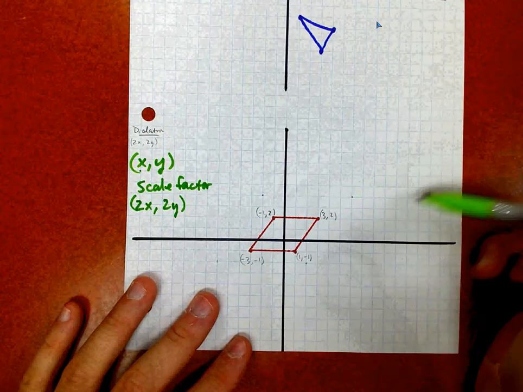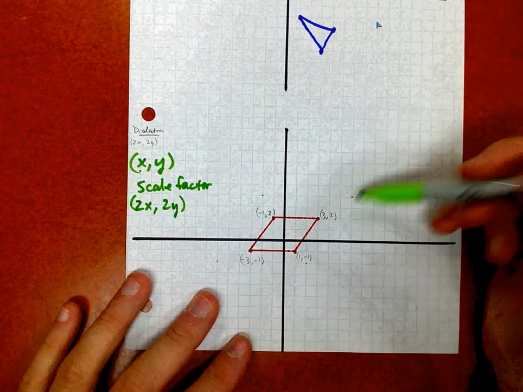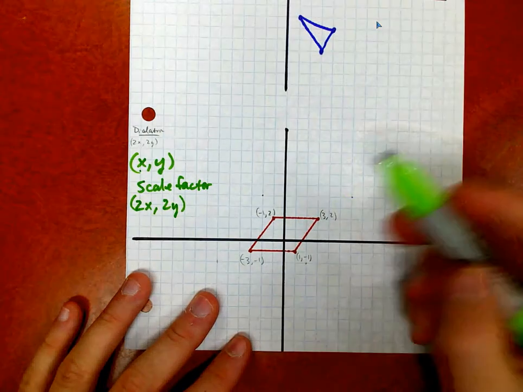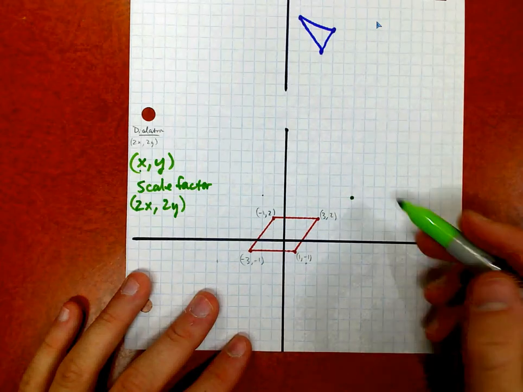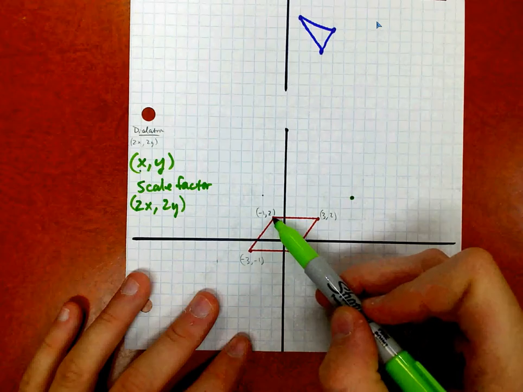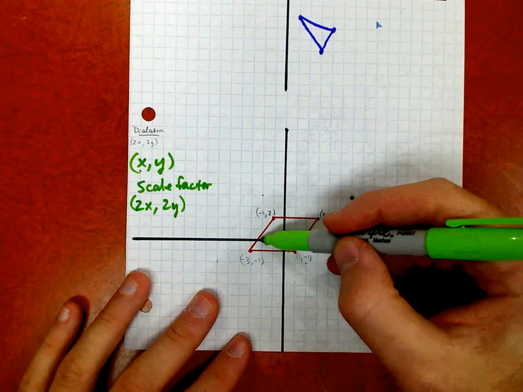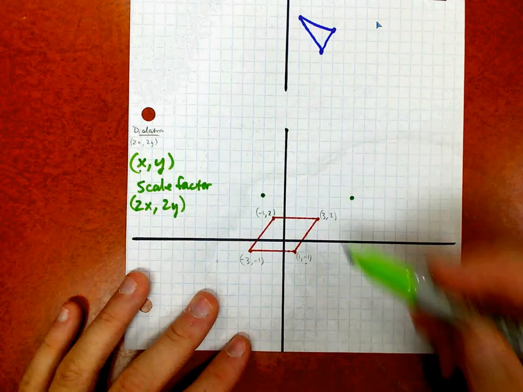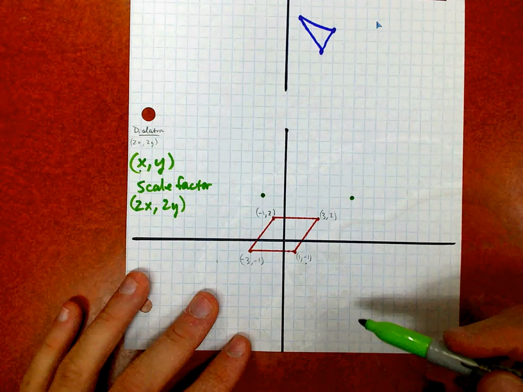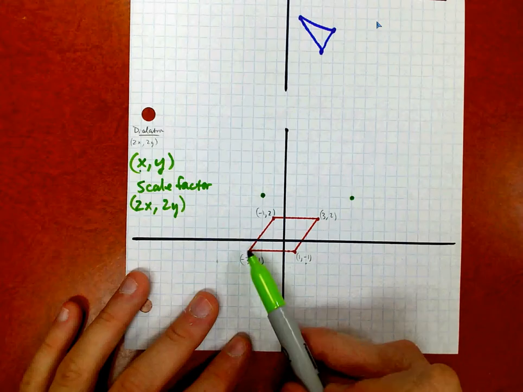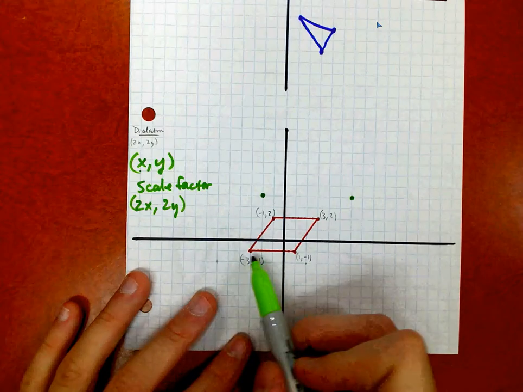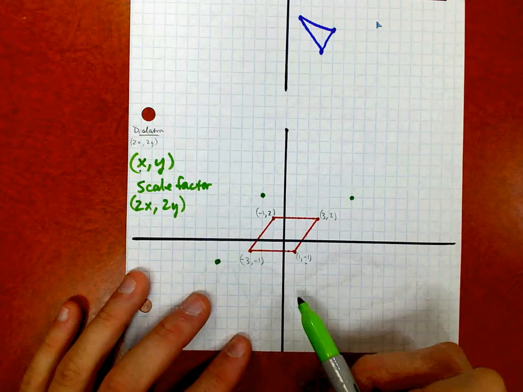So let's start at 3, 2, and have it undergo a dilation with a scale factor of 2. It will go to 6, 4. While negative 1, 2 will go to negative 2, 4. Negative 3, negative 1, under the dilation of a scale factor of 2, will become negative 6, negative 2.